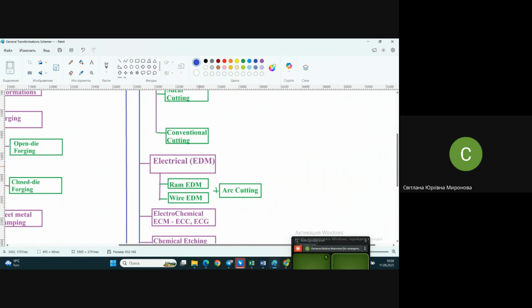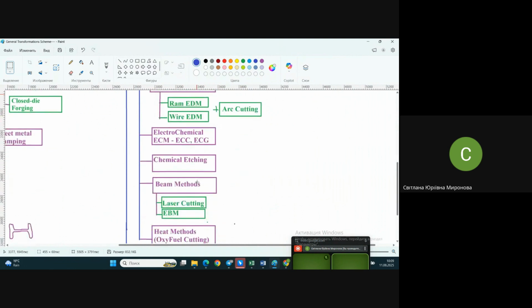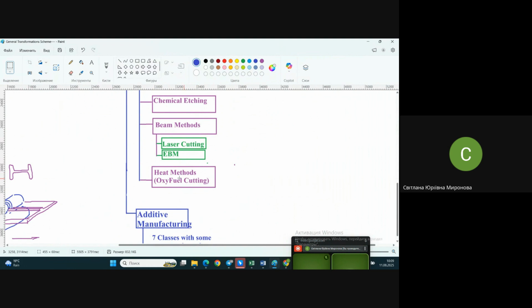And the most popular here are the so-called electrical discharge methods. I wrote here electrical discharge plus arc plus another one. Actually, it's not the only one, and electrical discharge also may be divided into some groups. And finally, I wrote the group heat methods here.